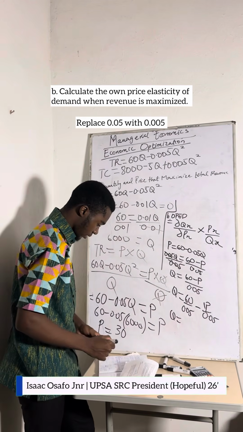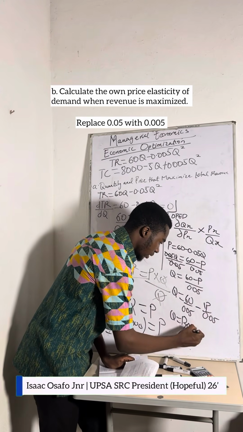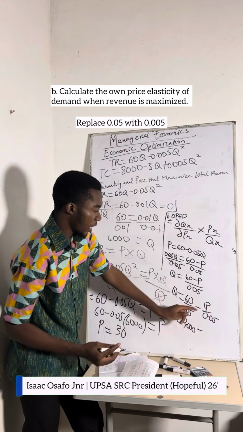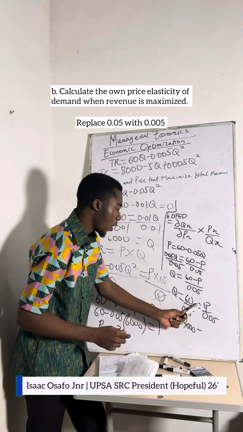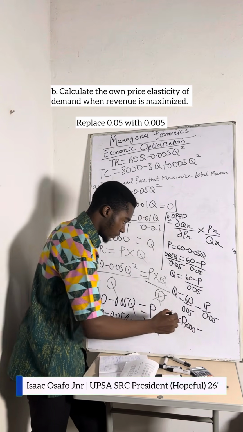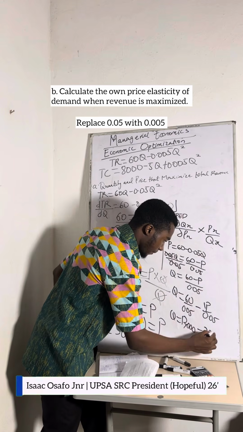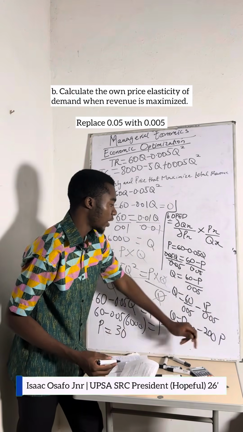That should give us 12,000 when we punch on the calculator. Then negative, there's an invisible 1 attached to the P. If you have X, it's the same as 1X. So negative 1 over 0.05 should give us negative 200, right? Then you add the P. Do you get it? Because there's already P here, so you have to add it to it.